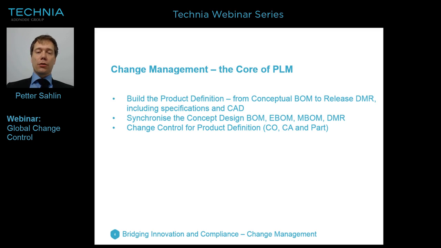Depending on what kind of change we perform, we might have different templates for change actions. And those of you who are already familiar with ENOVIA 2013 and older releases will see some changes in the demonstration today, because we're using the latest change control model with change objects and change actions, which was introduced with 2014x.